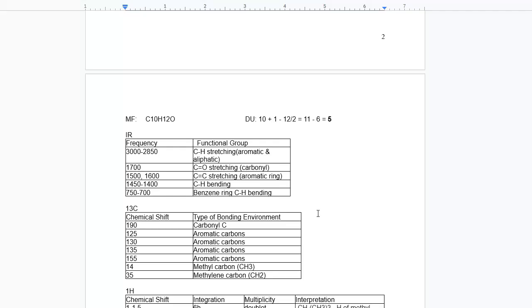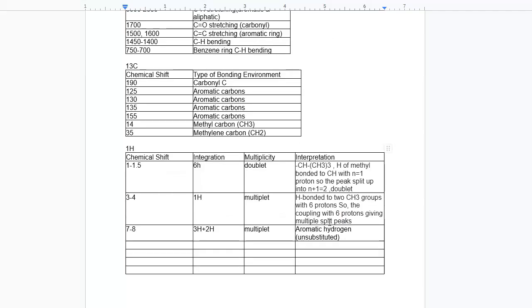The data that we got here suggests that we're looking at an aromatic ketone, probably something like a carbonyl group attached to an aryl group. And then going to the 13C NMR spectrum analysis, we see 7 total different carbon environments.